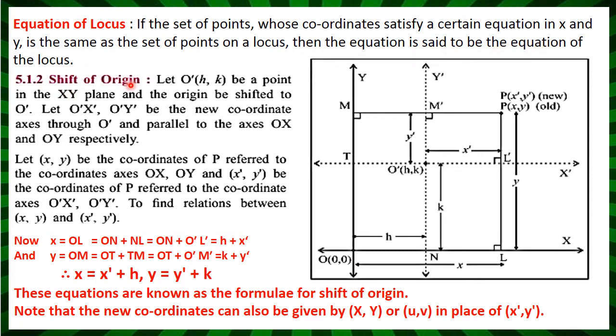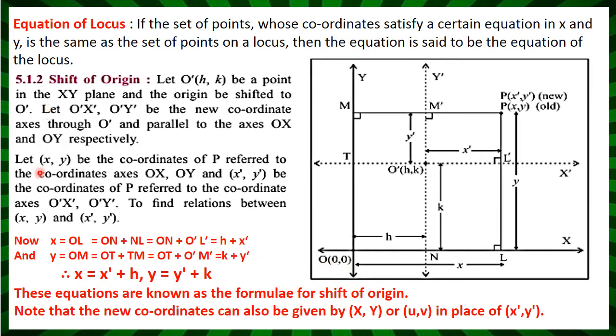Now, shift of origin. Let O dash (h, k) be a point in the xy plane and the origin be shifted to this O dash. The initial origin is O and it is shifted to the new origin at the point (h, k). So the new origin is the ordered pair (h, k) and the old origin is the ordered pair (0, 0).